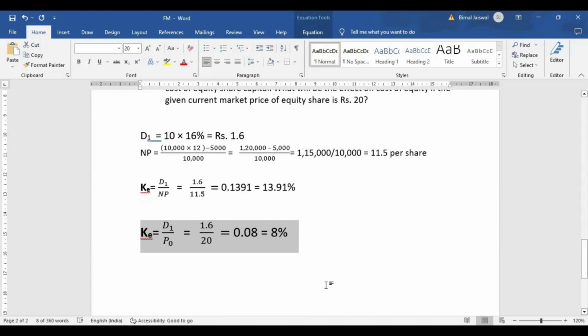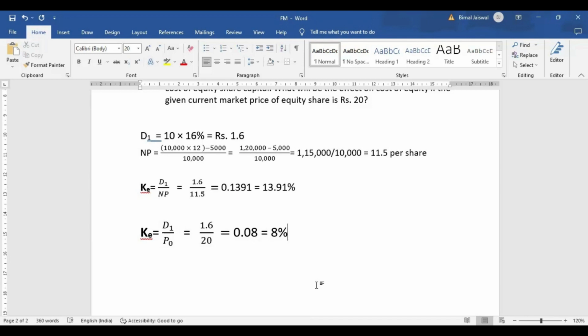That means 1.6 is the dividend and 20 is the current market price. That means the cost has decreased from 13.9 to 8%. That means if the current market price increases and the dividend amount remains constant, automatically the cost of equity to the company is going to decrease.